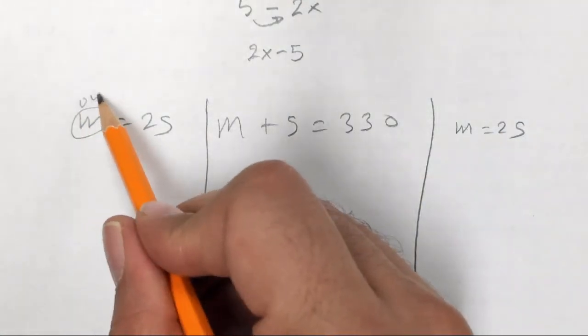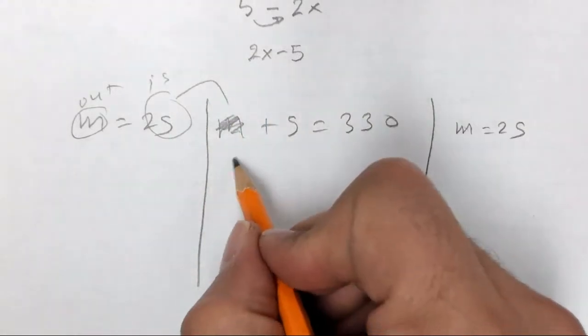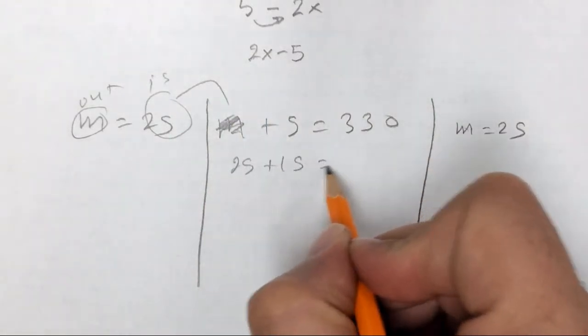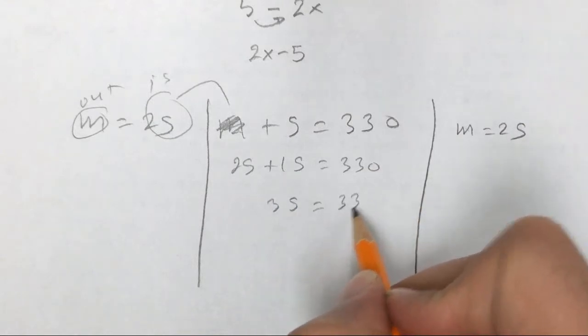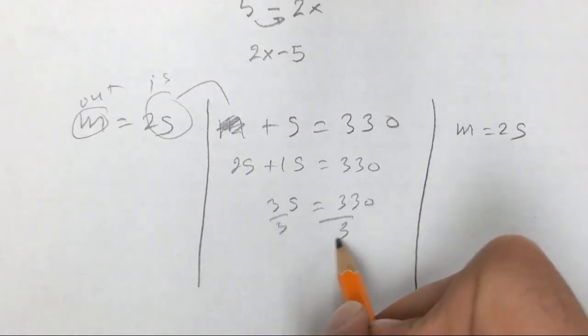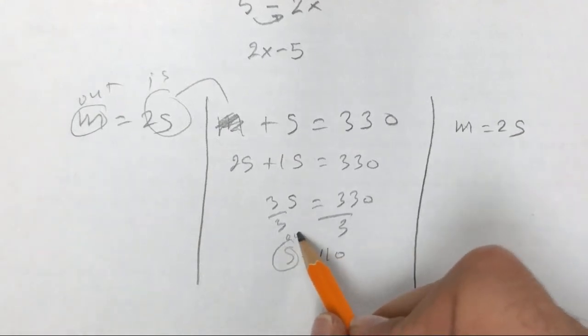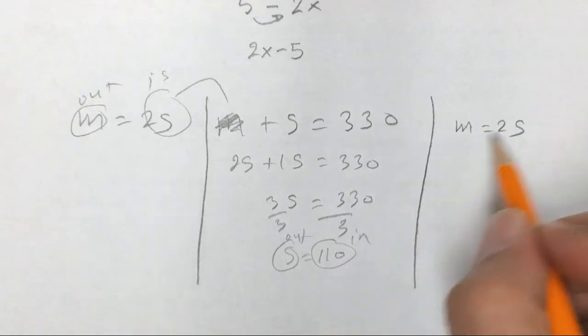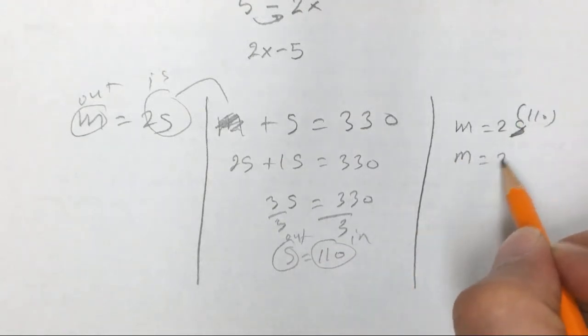This comes out, this comes in. 2S plus 1S equals 330. So 3S equals 330. And if I divide by 3, I end up with S equals 110. S comes out, 110 comes in, and the medium is 220.